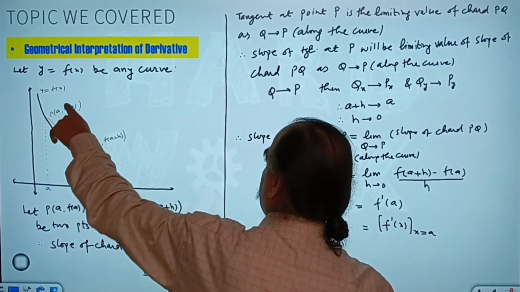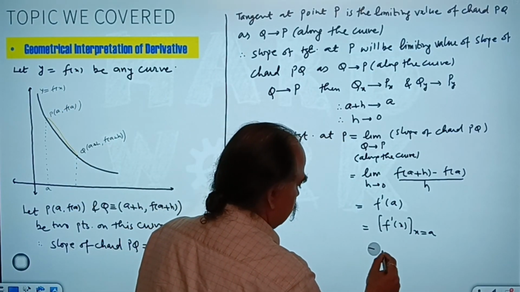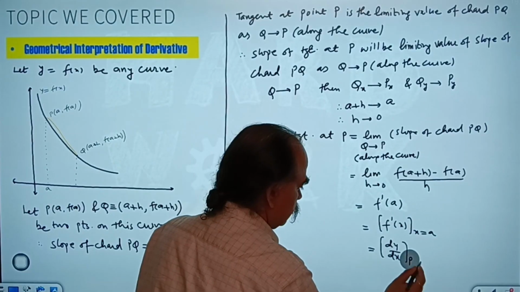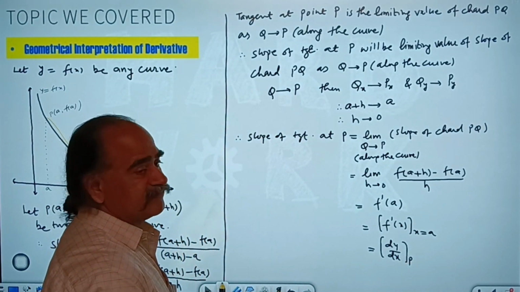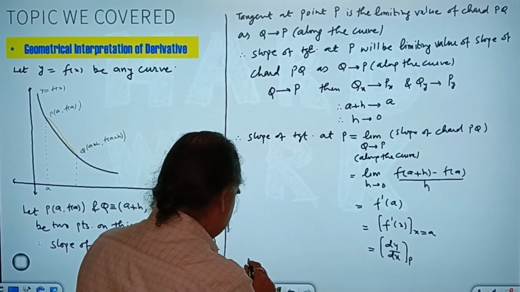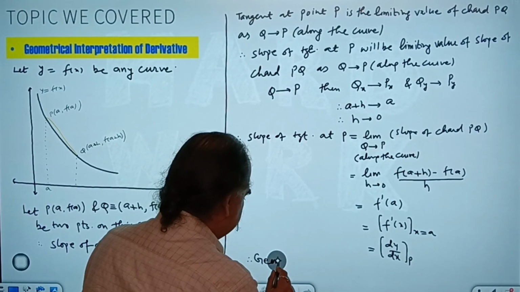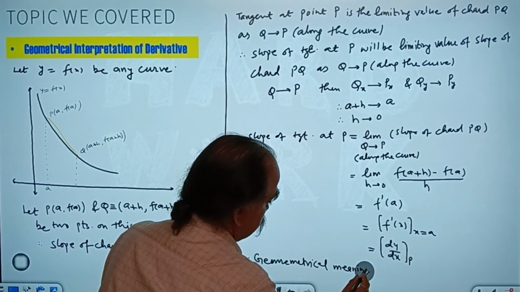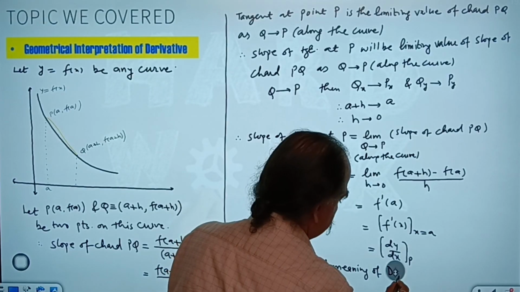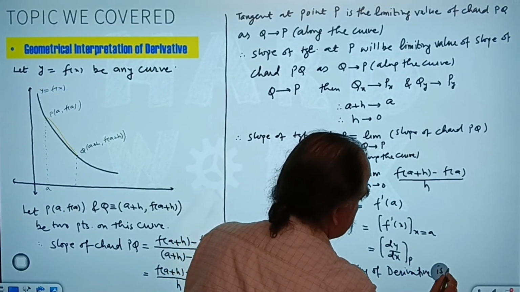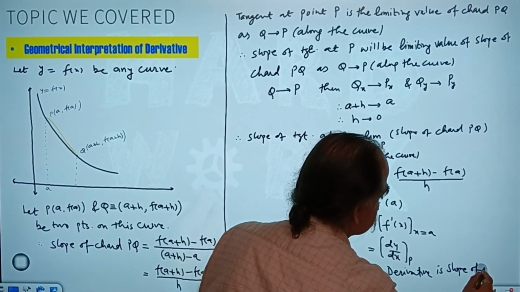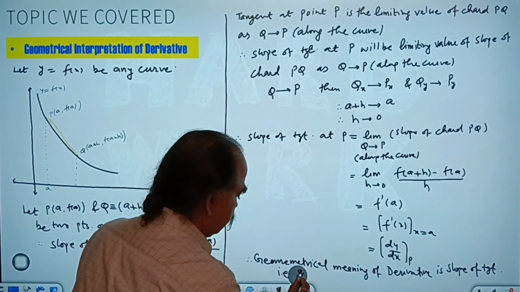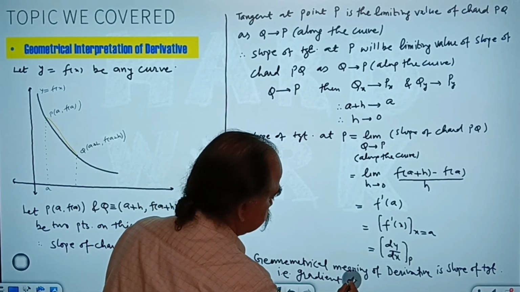Whenever x is a, the corresponding y coordinate is f(a). a and f(a) means point P. And f dash x is dy by dx at point P. So the slope of tangent at P is dy by dx at P. Therefore, the geometrical meaning of derivative is the slope of tangent, that is, slope is also known as gradient of the curve.